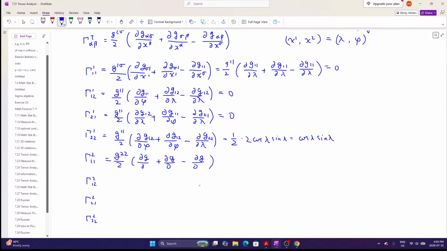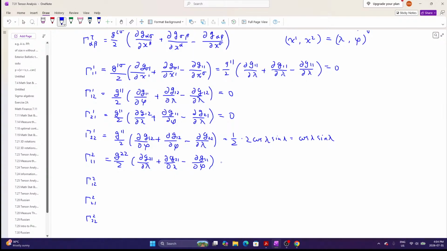You got a 1, 1 at the end, and the summation index is taken to be 2, so dx2, which means you got to differentiate with respect to phi. So 2 should be present in the first 2 g's, and you got 1 over dx1, which is d lambda, and the second term is also dg21 over d lambda again.